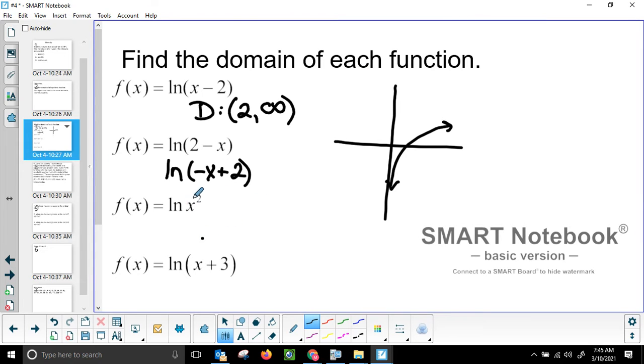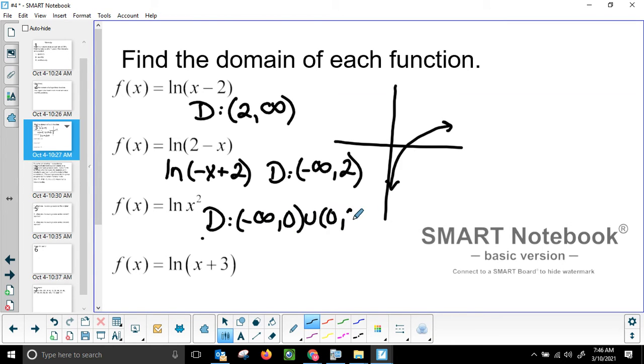All right, ln of x squared. Now, remember, we aren't allowed to plug in negative numbers into logarithmic functions, but when you square a negative number, it becomes positive. However, we aren't allowed to plug in 0 either. So the domain here is actually going to be from negative infinity to 0, union 0 to infinity.